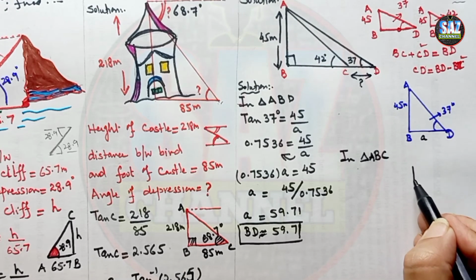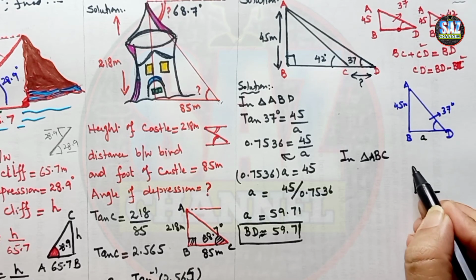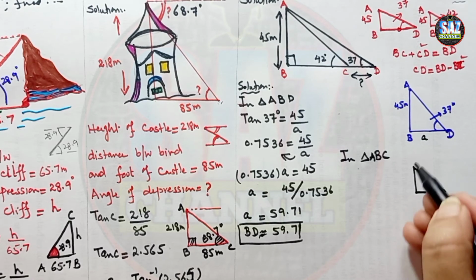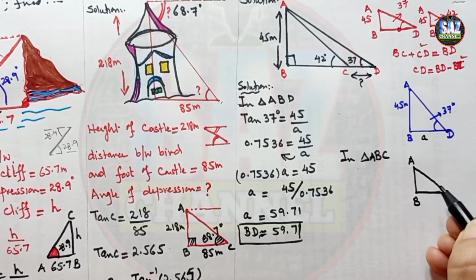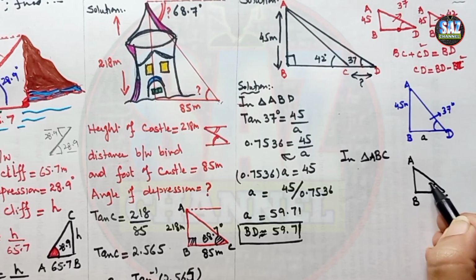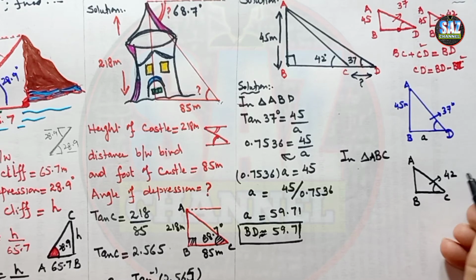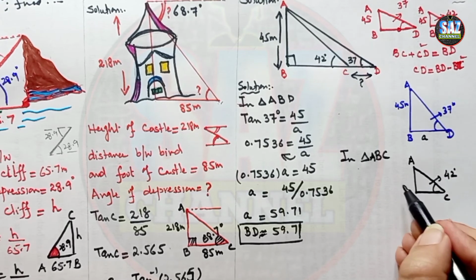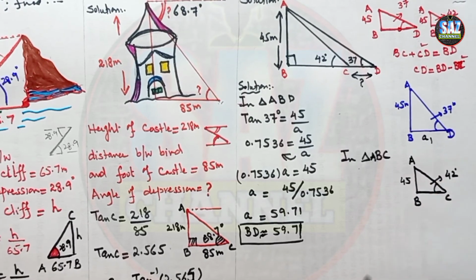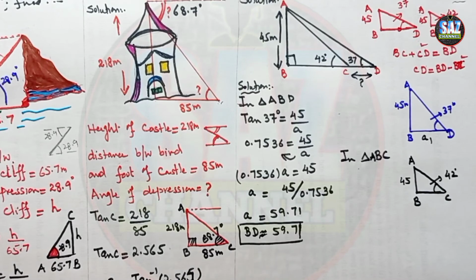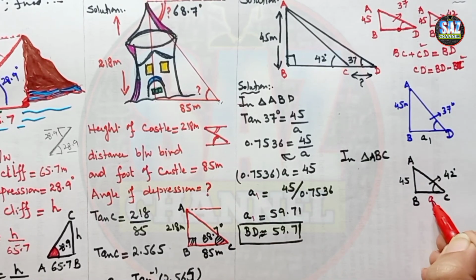This is A, this is B, and this is C. This is a 42 degree angle here, and this is again the common side, the common wall, and let it be A1. For differentiation, let it be A1, and let this be A2.